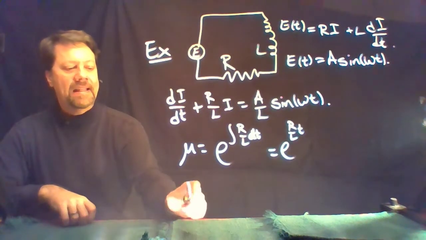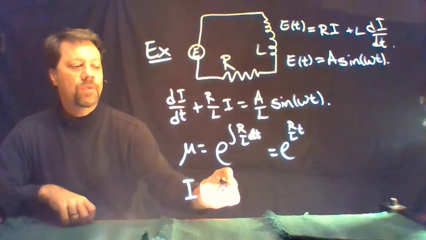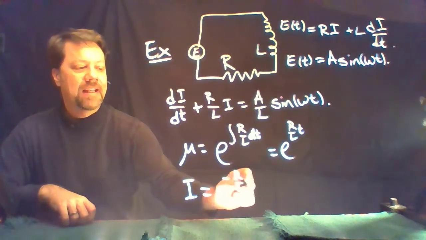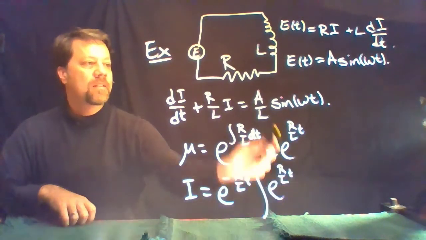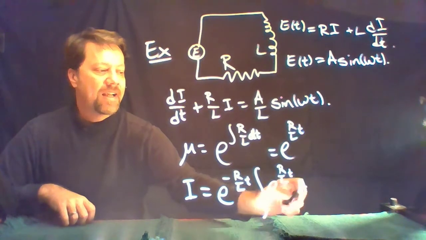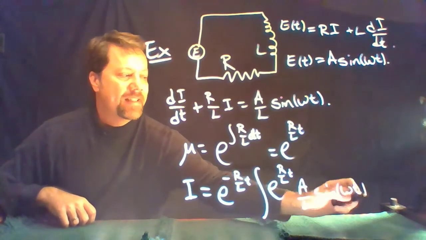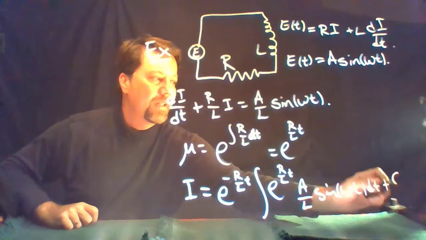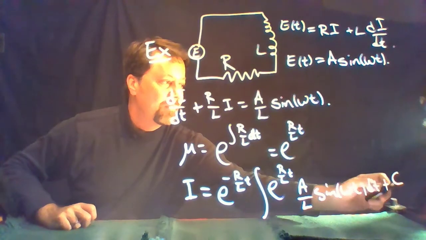It follows immediately that the solution is 1 over mu, which is e to the minus R over L t, times the integral of mu times the Q on the right hand side, which is A over L sine omega t dt, plus some constant divided by mu.